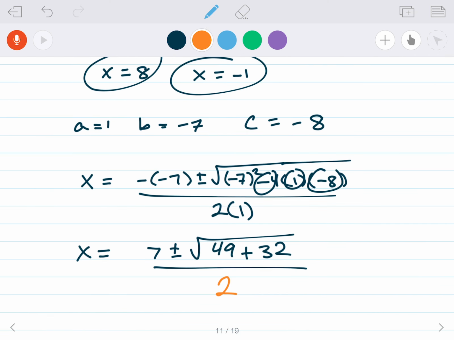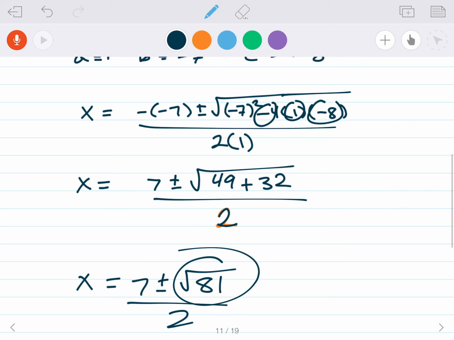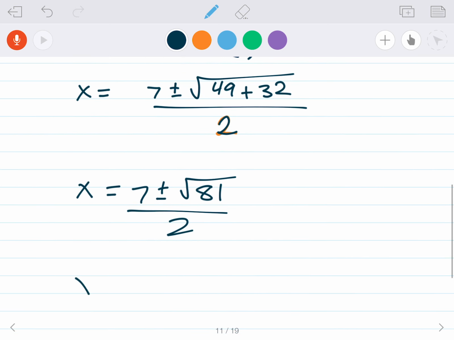Now 49 plus 32 is going to give us 81. We know the square root of 81 is 9, so I can replace the square root of 81 with 9.